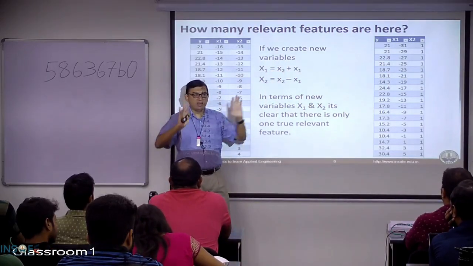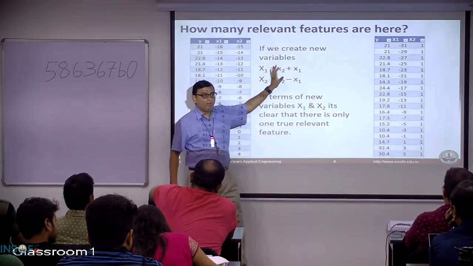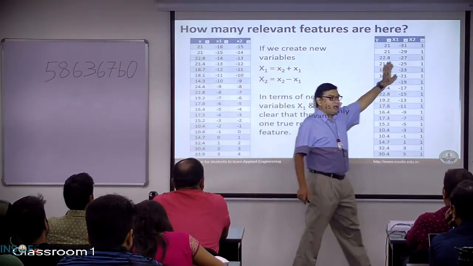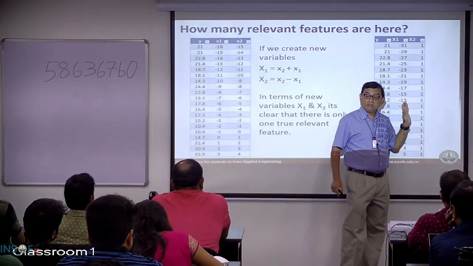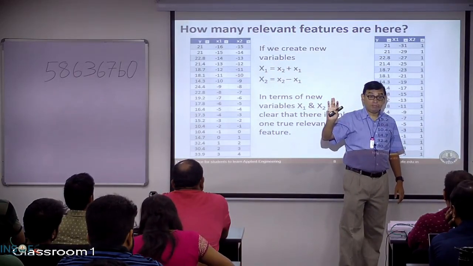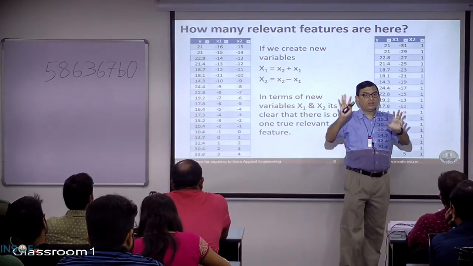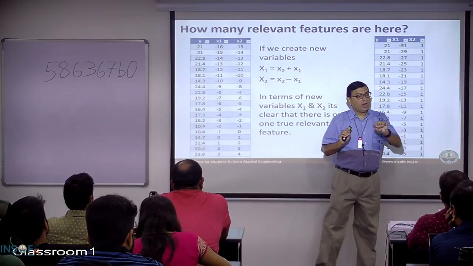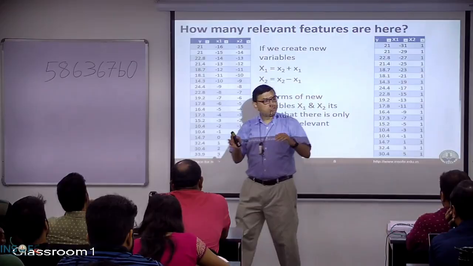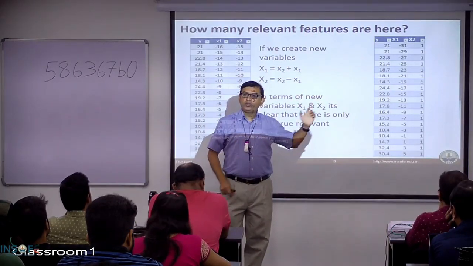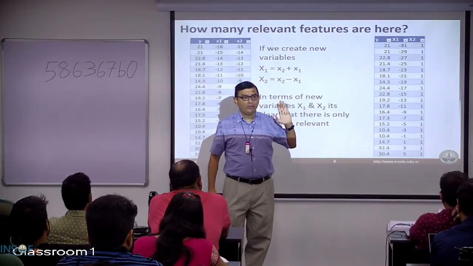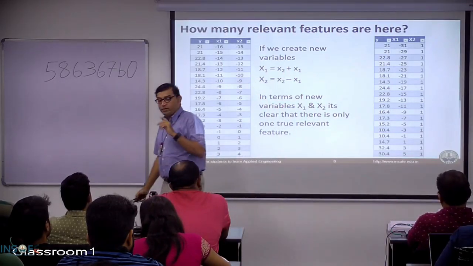By doing that linear transformation, I have figured out which variable we can drop without any reference to y at all. I'm just looking at x1 and x2, trying to play around with x1 and x2. Are there a set of variable transformations I can do which will make it clear which is an important direction and which is not an important direction?